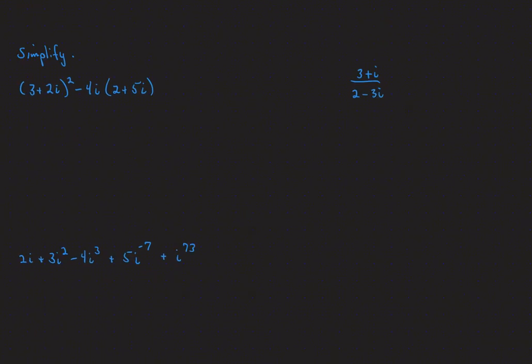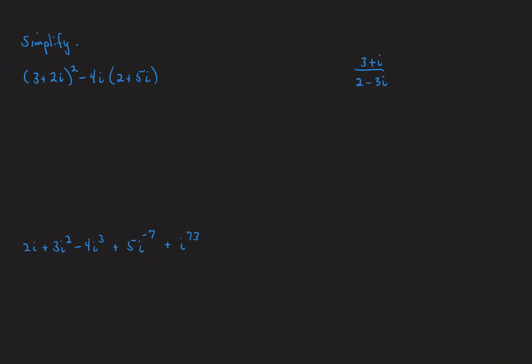Now we're going to do some arithmetic here with complex numbers. So squaring out our 3 plus 2i, we're going to get the first one squared, twice the product, so that's 6i times 2 is 12i, plus the second one squared is going to be 4i squared. We'll come back to that. We're going to distribute and get a minus 8i and a minus 20i squared.